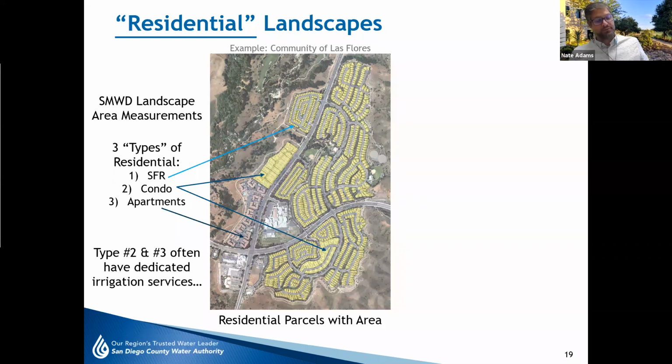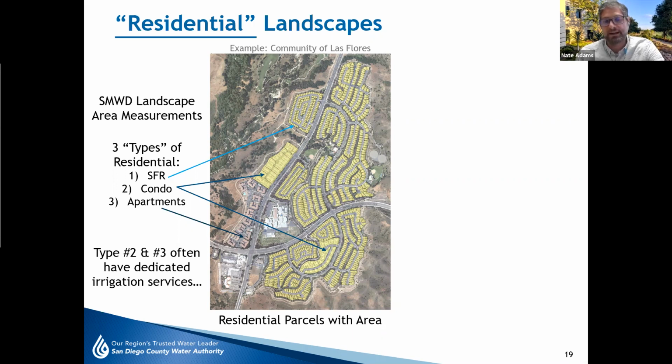One of the unique things though, and this is where a water utility's methodology about how it classifies and bills its customers definitely differs from how DWR approached coming up with landscape areas, is that DWR had to approach it with the best available information they had, and that is county assessor parcel data. And that's all predicated on land use codes.